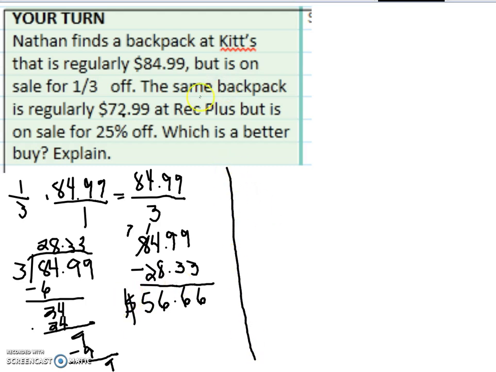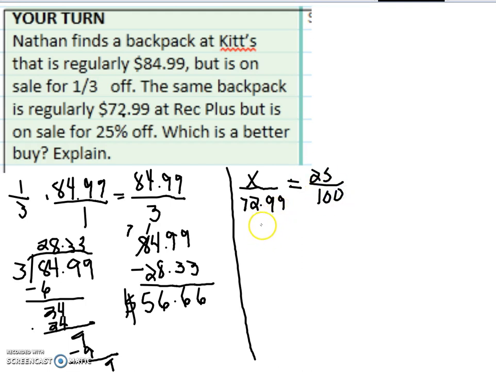All right. The same backpack is regularly $72.99 at Reg Plus, but is on sale for 25% off. So we have X over $72.99 equals 25 over 100.